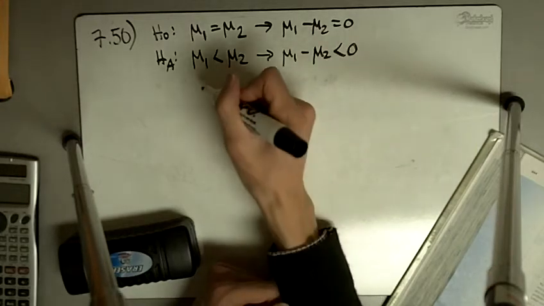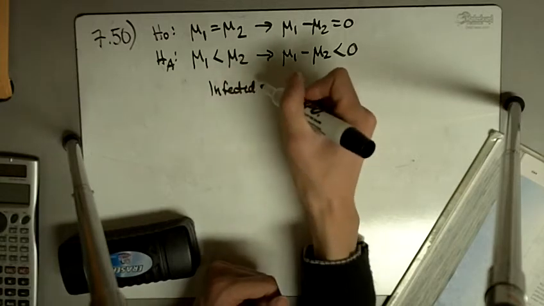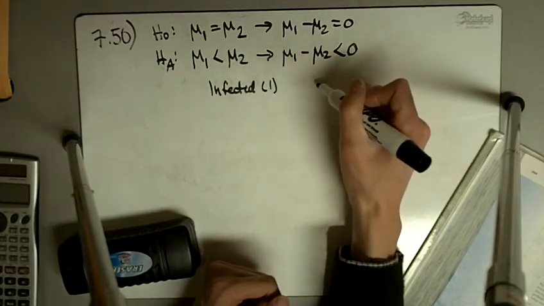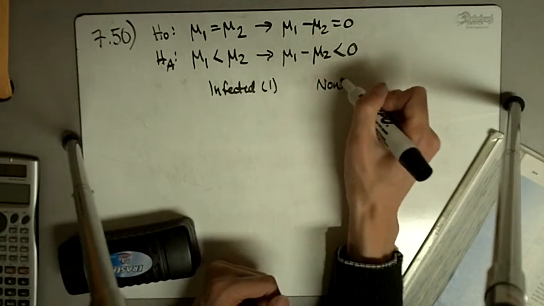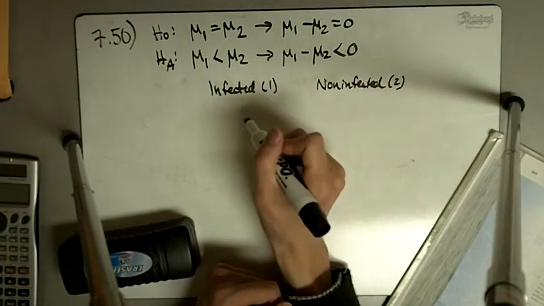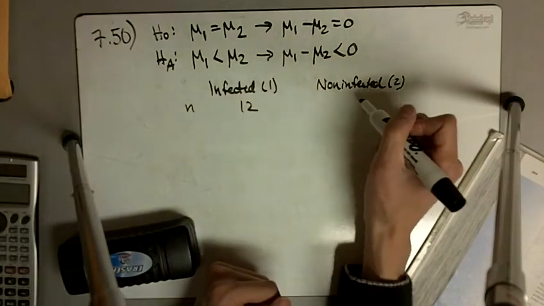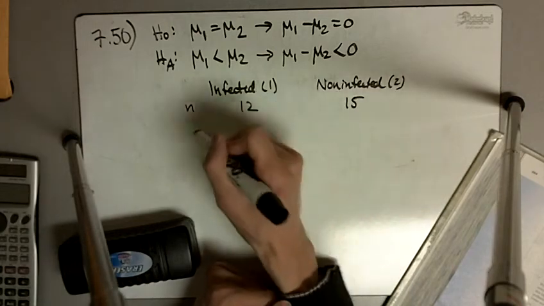Okay, and this is what we observed. The infected group, which is group 1, and this is the non-infected group, and here we have 12 infected lizards and 15 non-infected lizards.